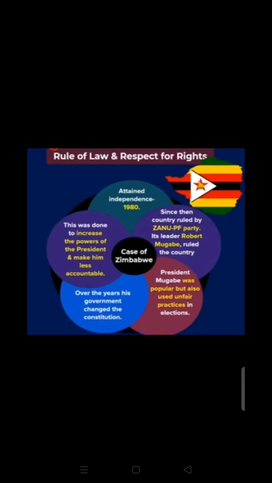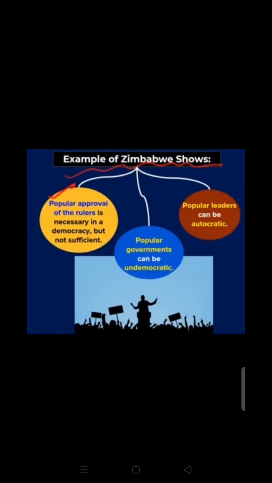The government has ignored some court judgments that went against it and has pressurized judges. So the example of Zimbabwe shows that popular approval of the ruler is necessary in a democracy, but it is not sufficient. Popular government can be undemocratic. A popular leader can be autocratic.